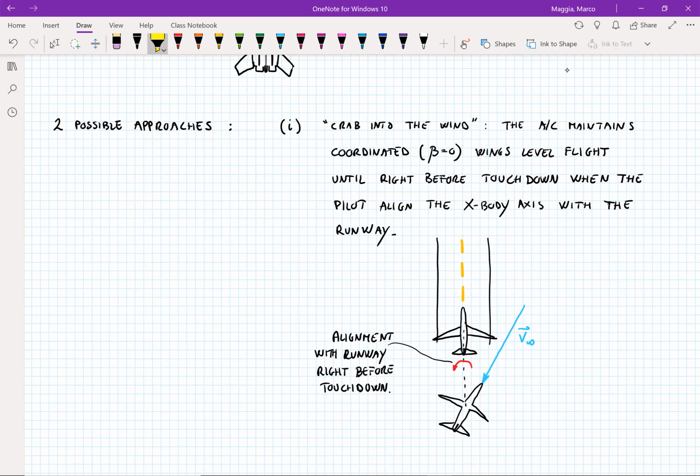So in other words, you're pointing the nose of the aircraft in the direction of the relative wind. And then when you're close enough to touching down, you rotate the nose of the aircraft so that it aligns with the runway. You see that very often if you've ever seen airplanes landing. If there's a little bit of crosswind, they tend to use this approach.